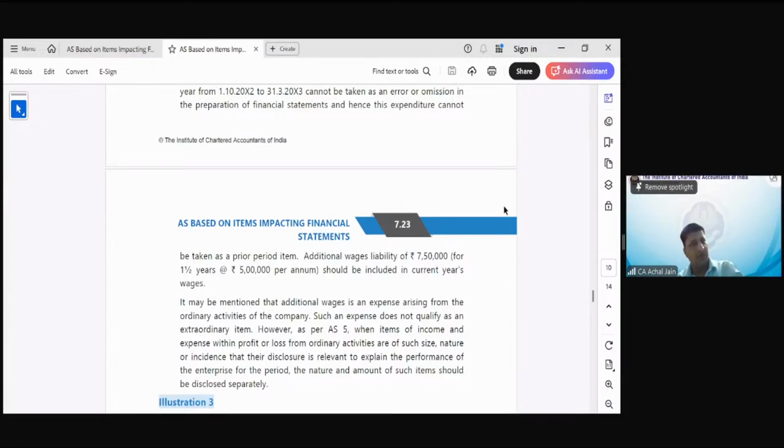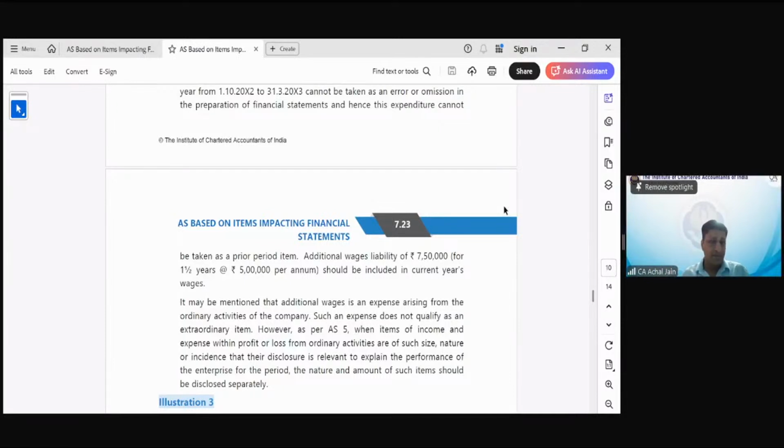There again, you can draw assumptions. You may say that this amount appears to be quite significant, or I am assuming this to be significant considering the size of the company, and that's why I'll call it exceptional. Or you may draw an assumption that maybe this is not significant considering the size, and that's why even though this is the criteria, it may not be an exceptional item.